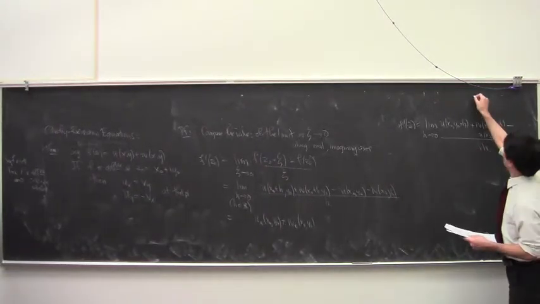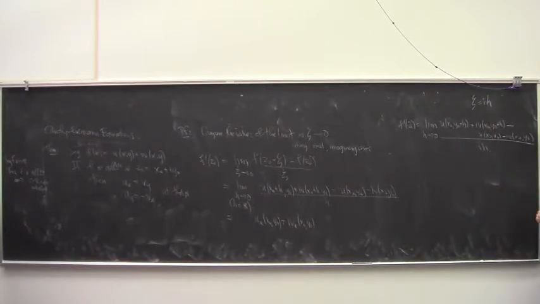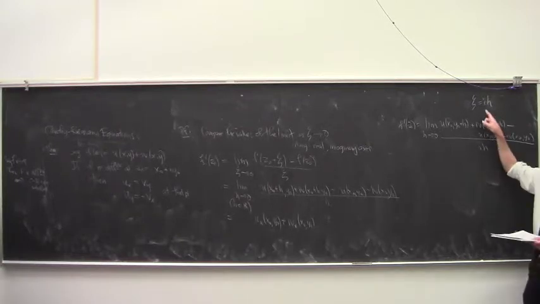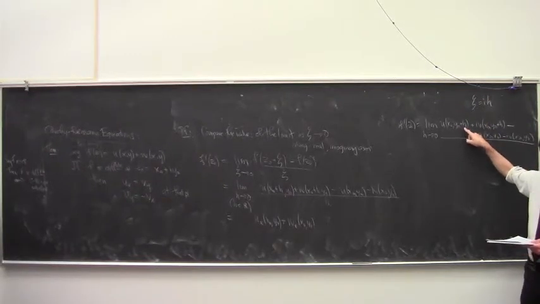So here we're taking our zeta to be ih. Take your zeta to be imaginary. Taking this zeta corresponds to taking a difference in the second variable.